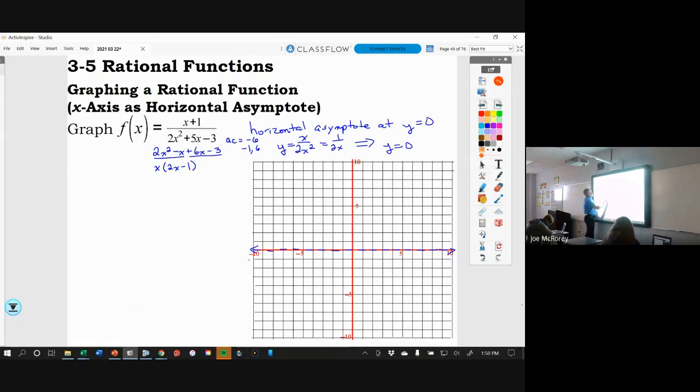Take a 3 out, what's left? 2x minus 1. What do those two terms have in common? 2x minus 1. Okay, these two terms here have a 2x minus 1 in common. And I'm left with x plus 3. Okay. So now the bottom is completely factored. Does anything cancel?